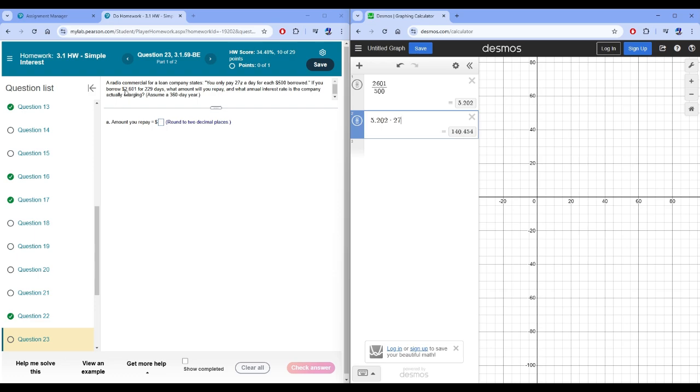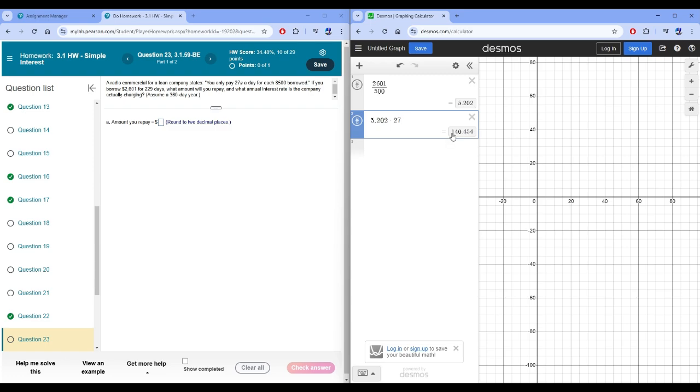If you borrowed that, what amount will you repay? And what annual interest rate is the company actually charging? Okay. So right now this is how much it's per day, correct?